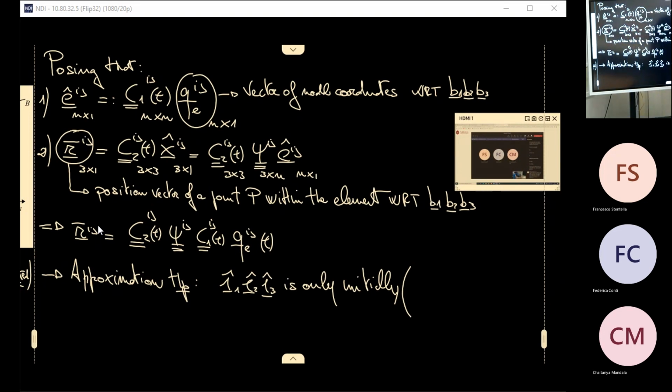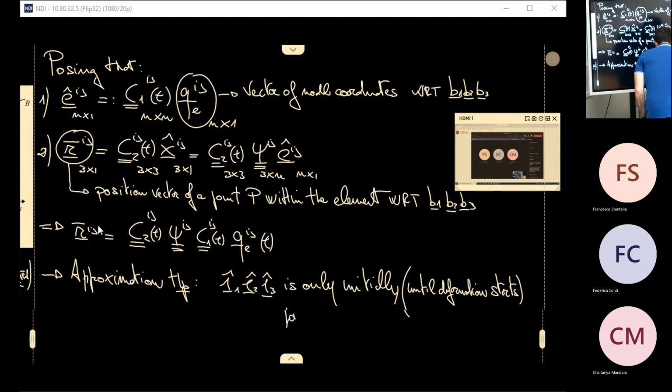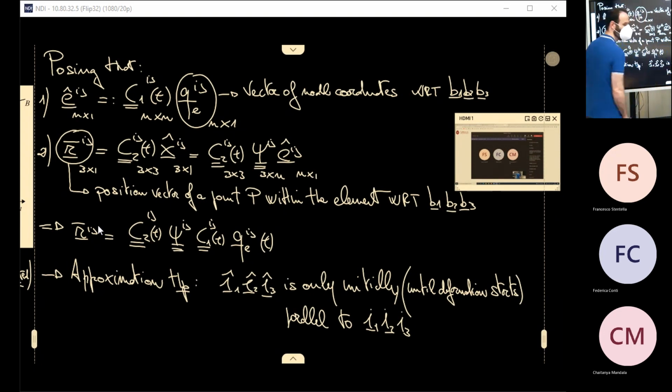Okay. Initially, so I can say until deformation starts, all initially parallel to I1, I2, and I3. Okay. So to the element frame.